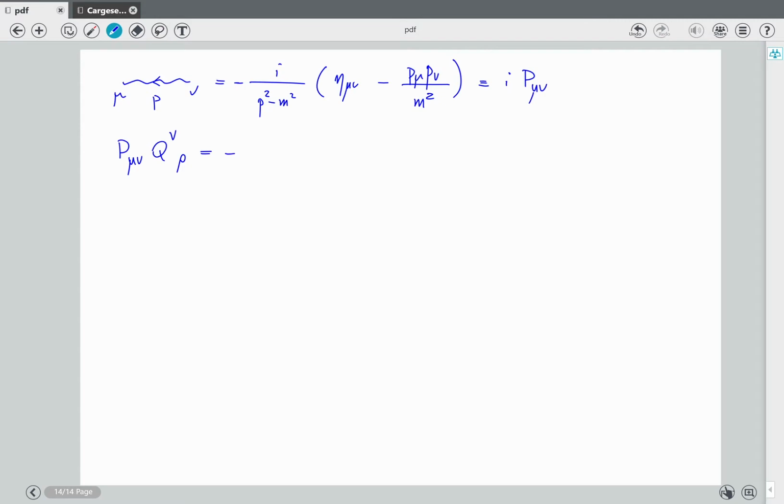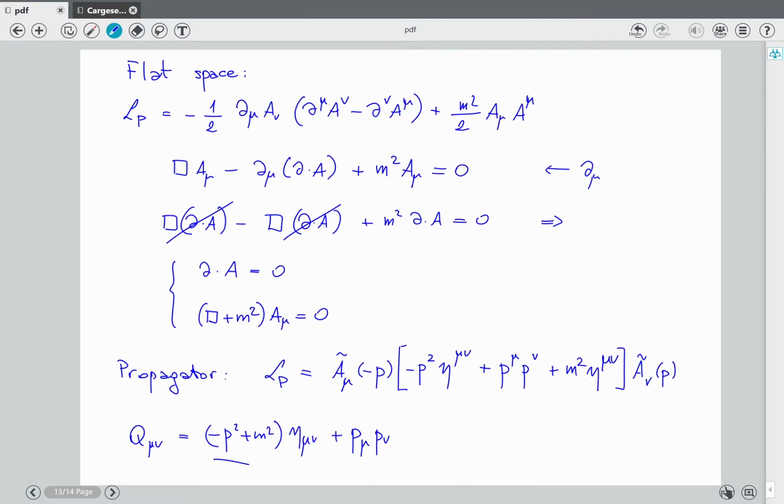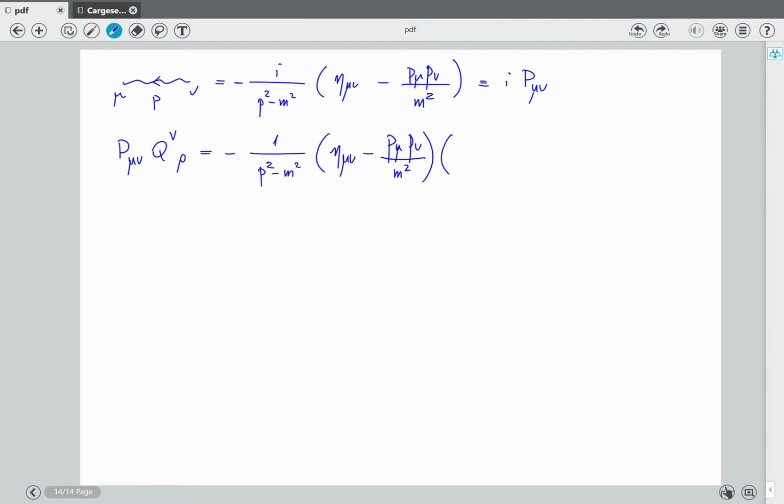Let's check. So Δ_{μν} is minus 1 divided by p² minus m² times η_{μν} minus p_μ p_ν divided by m². And that has to be multiplied by minus p² plus m² η^{νρ}, where we have to raise an index, so that is δ^ν_ρ, plus p^ν p^ρ.